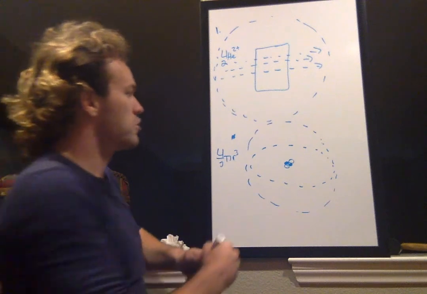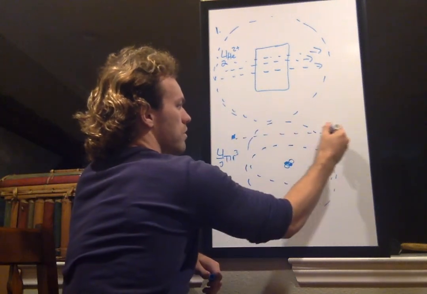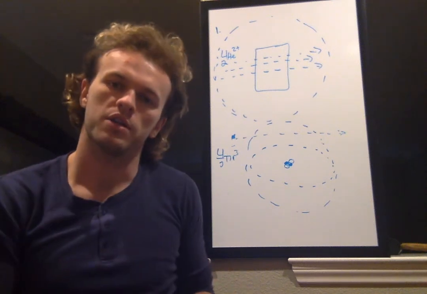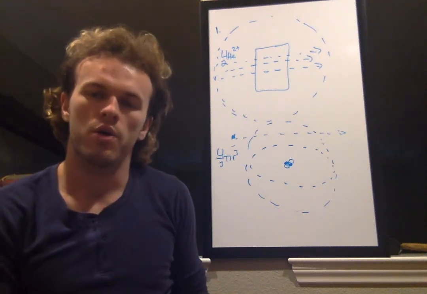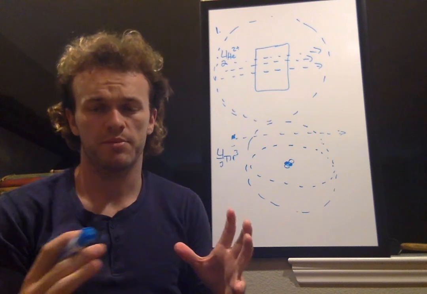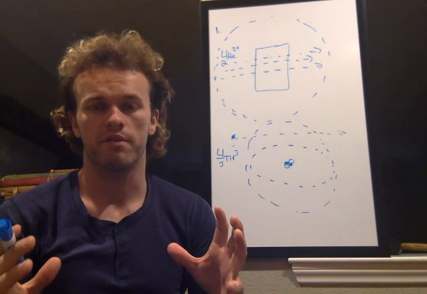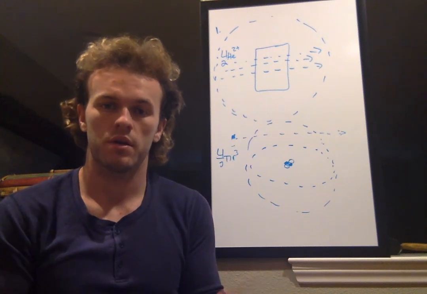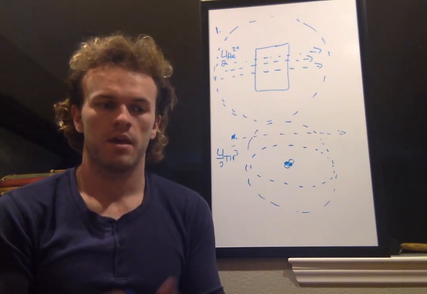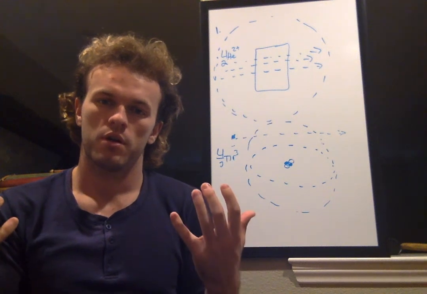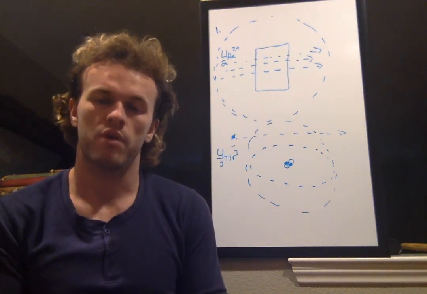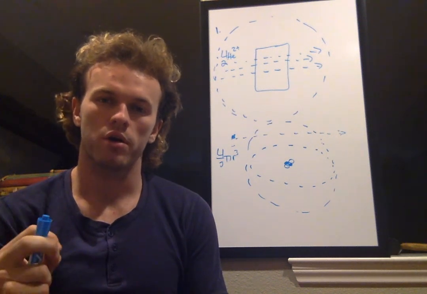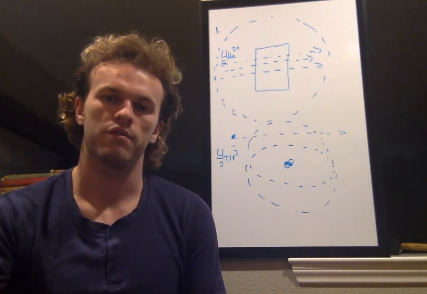But because a majority of them went straight through and didn't change their course or their angle, we know that the vast majority of the volume of the atom is going to consist of open space. This is what Rutherford concluded, that the volume of the atom is going to be extremely large compared to the volume of the nucleus.